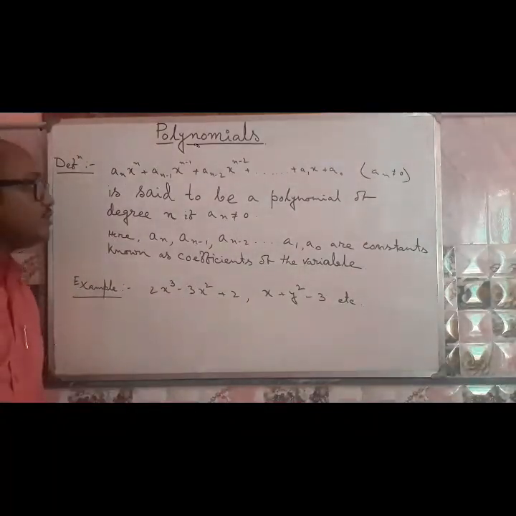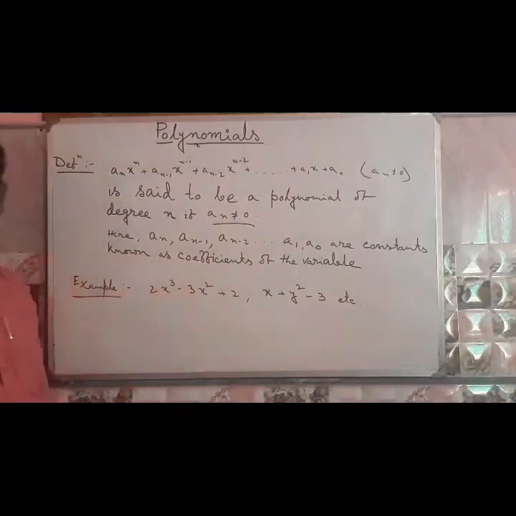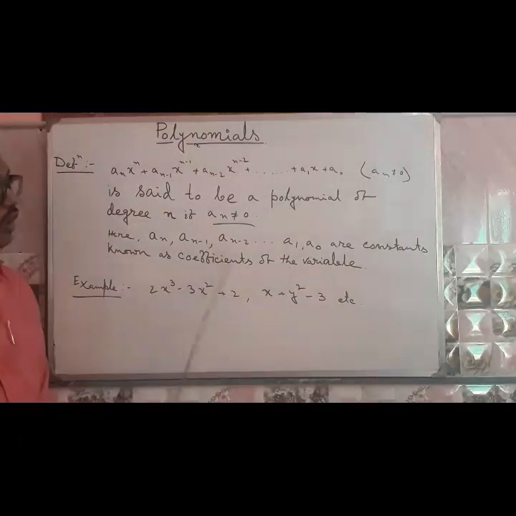This is the condition. Here a_(n-1), a_(n-2) and so on, a_1, a_0 all are constant terms known as coefficients of the variable.